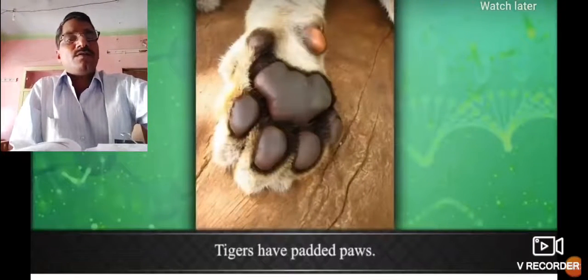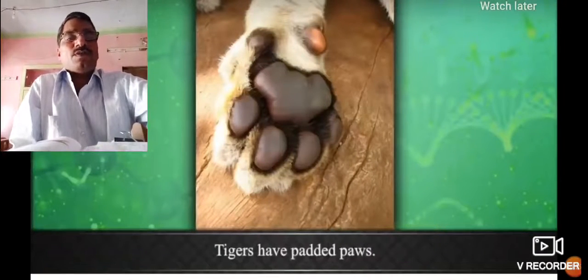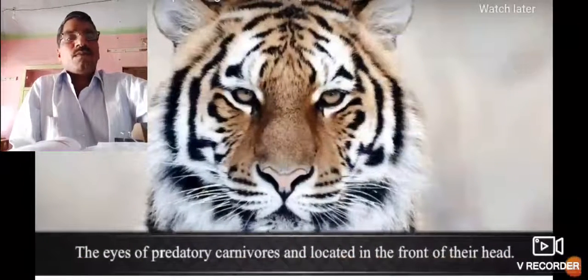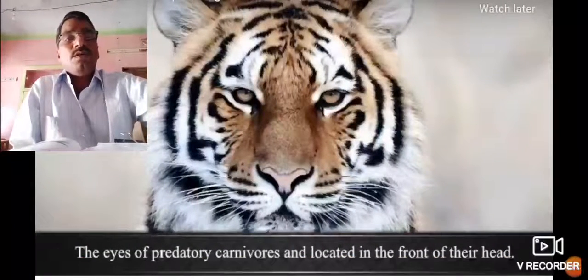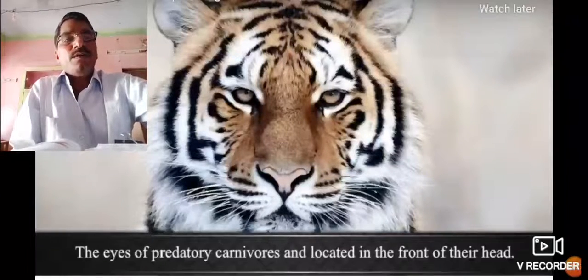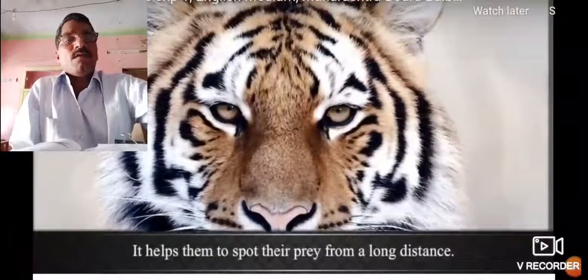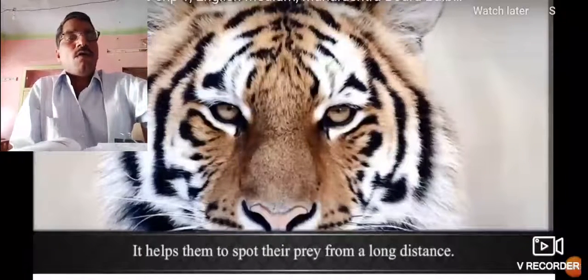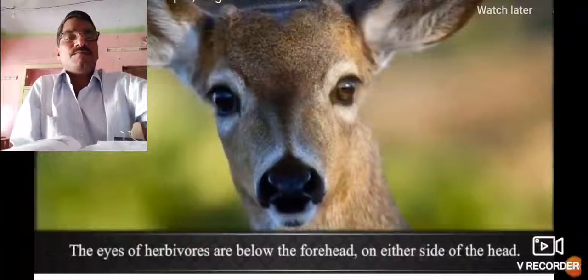Students, they have padded paws. The eyes of predatory carnivores are located in the front of their head. It helps them to spot their prey from a long distance.